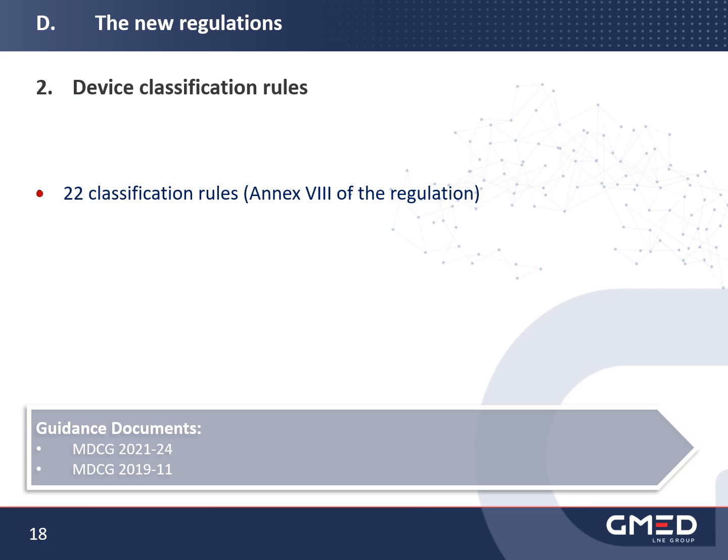These include Rule 8 with the change of class of some implants, Rule 11 regarding software, with a specific guide on this subject available in MDCG 2019-11, Rule 19 on devices incorporating or consisting of nanomaterial, Rule 20 linked to invasive devices related to body orifices intended to administer drugs by inhalation, Rule 21 on substances, and lastly Rule 22 for active therapeutic devices with an integrated diagnostic function.